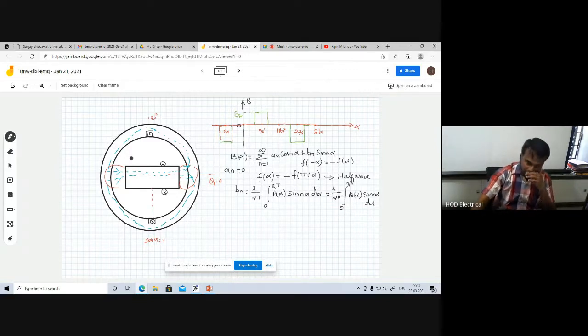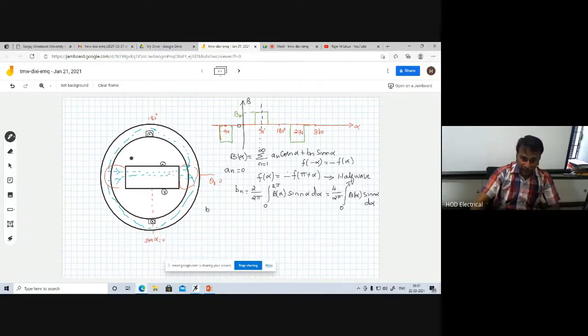Now this function is symmetric about 90 degrees. What does symmetric about 90 degrees mean? f of 90 minus alpha equals f of 90 plus alpha. In both cases the half wave waveform is symmetric about 90 degrees.